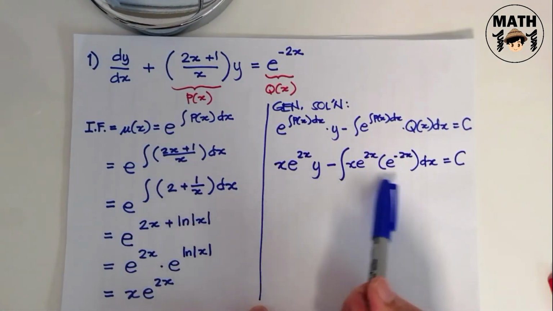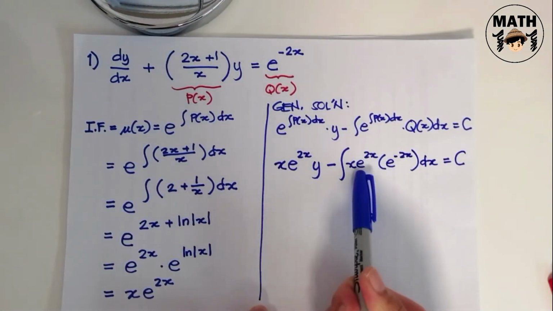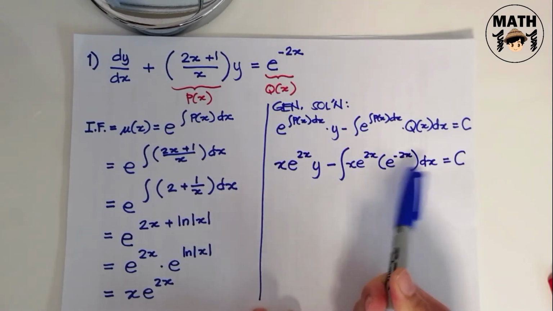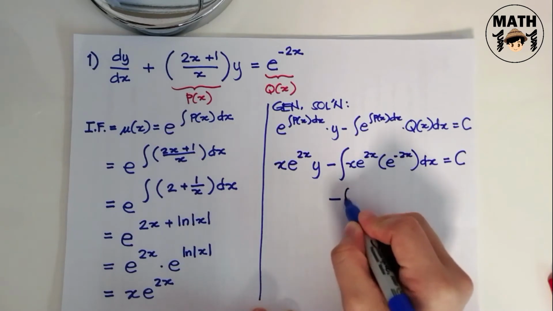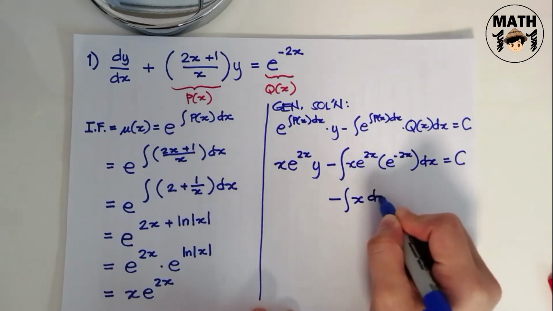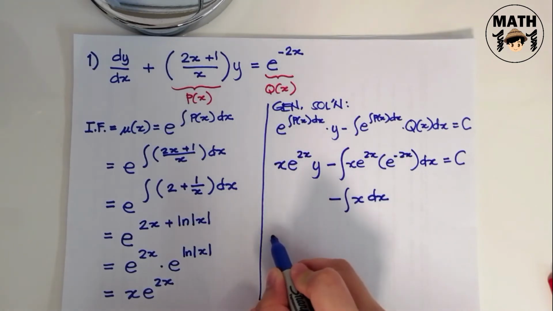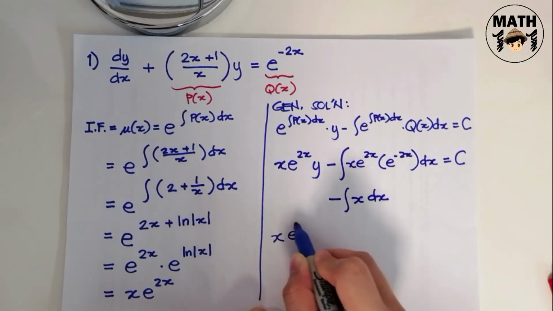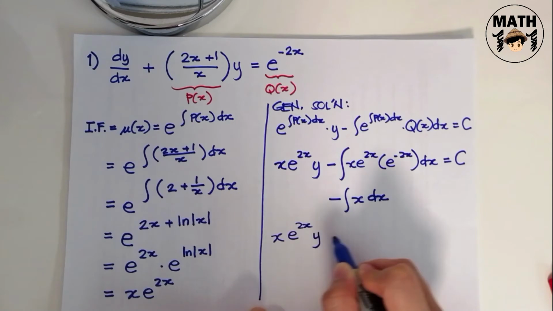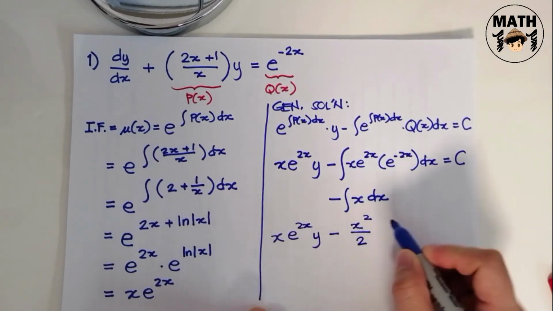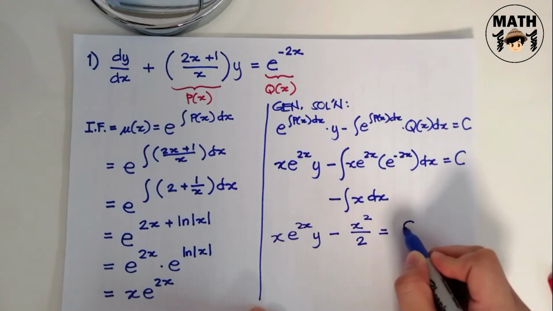Let's write that first. Let's simplify this. e raised to 2x times e raised to negative 2x is just 1. So what remains is the integral of x dx. And integrating this, that will result to minus x squared over 2 equals c.